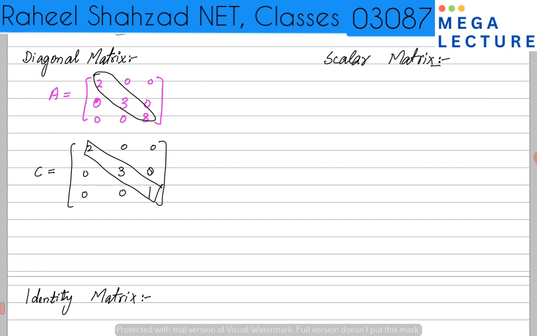So after diagonal matrix, what will be a scalar matrix? A scalar matrix is going to be a diagonal matrix in which all diagonal entries are same.